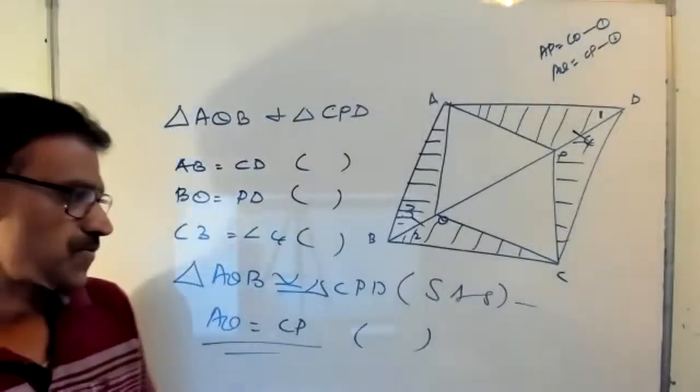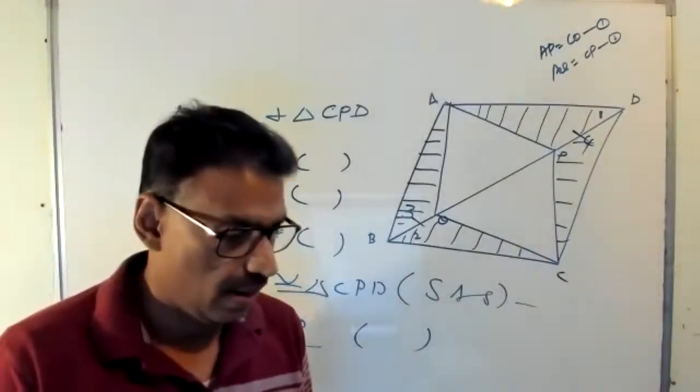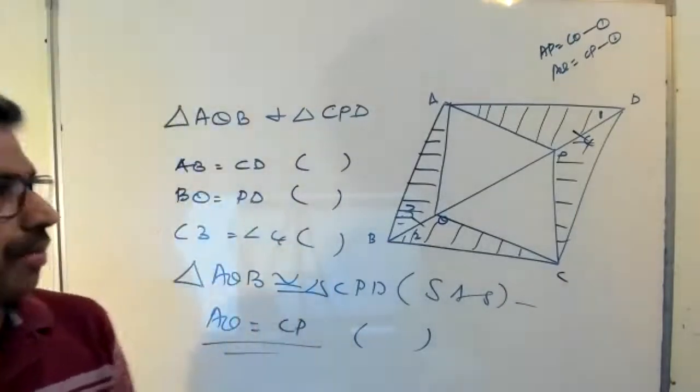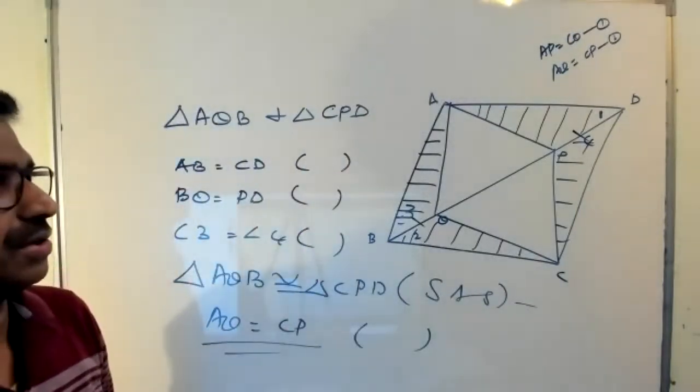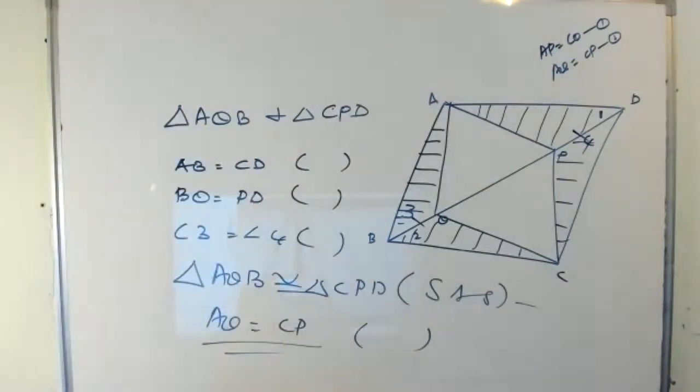Okay, you mark it. AP equal to CQ, AQ equal to CP. 1 and 2 you mark or not? Yes, sir. Okay.